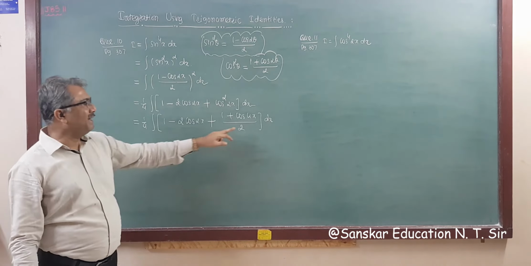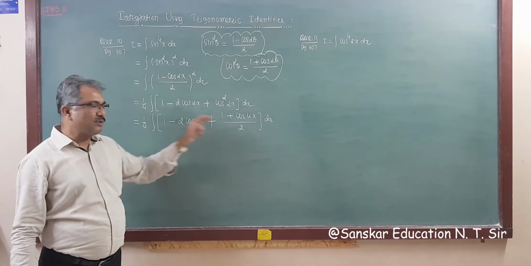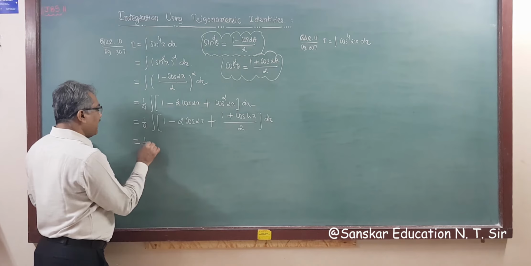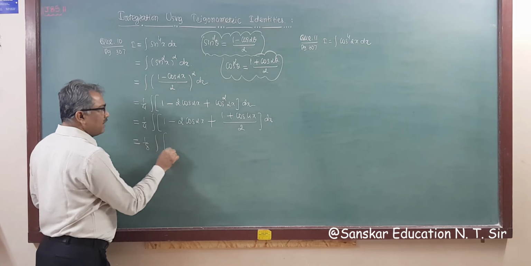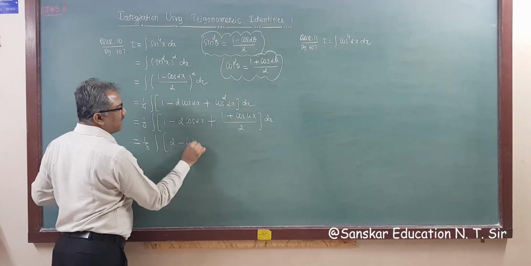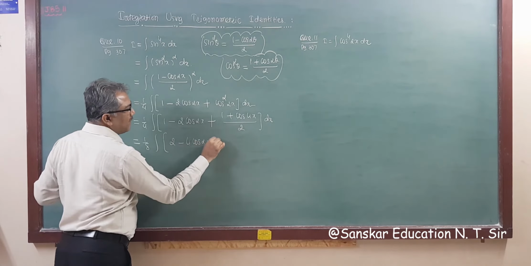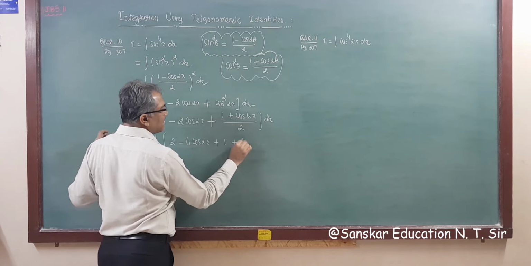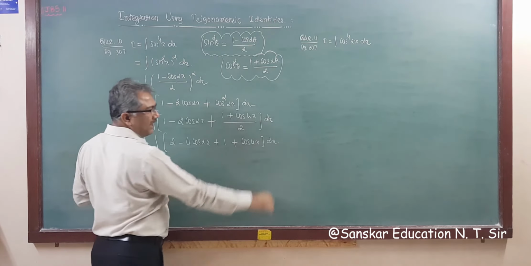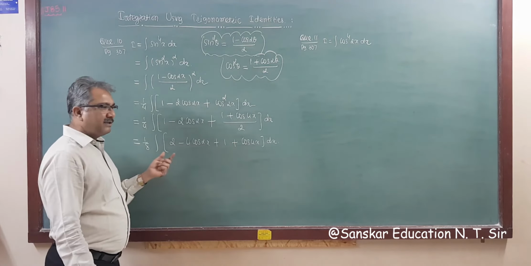Now again taking 2 LCM. So this 2 LCM becomes 1 upon 4 into 2, that is 1 upon 8 integration. 2 LCM means 2 minus 2 into 2, 4 times cos twice x plus 1 plus cos 4x dx, right?